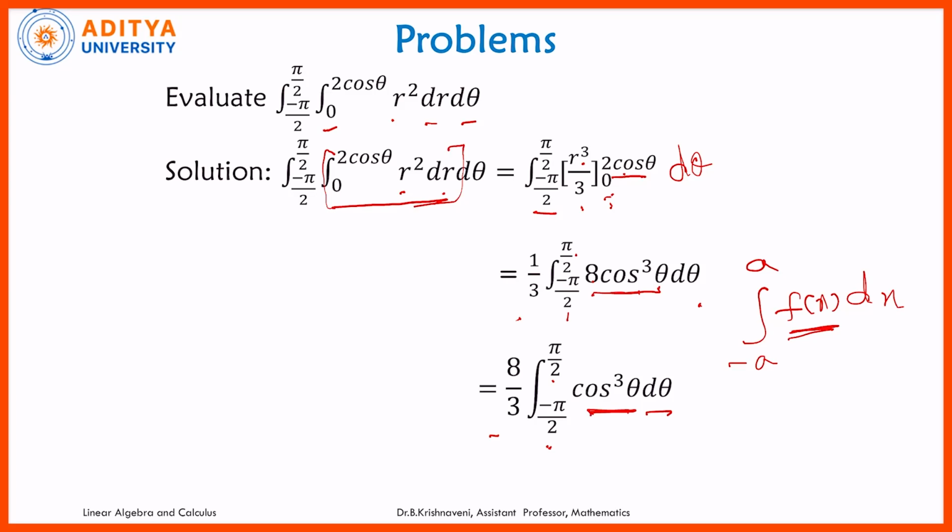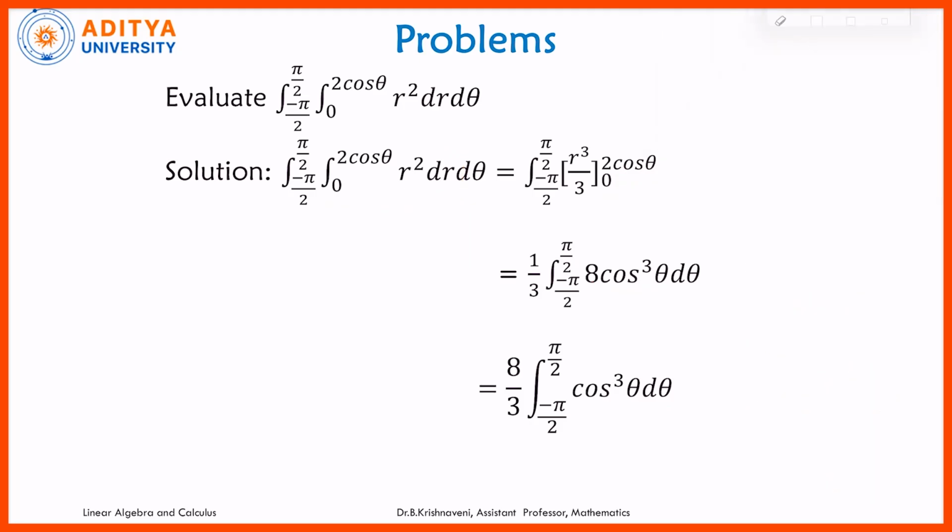So here the function is cos cube theta. We all know that cos is an even function. Whenever f of x is even, the value will be equal to 2 into integral 0 to a f of x dx. If it is odd, the value will be equal to 0. By taking this, let us calculate.